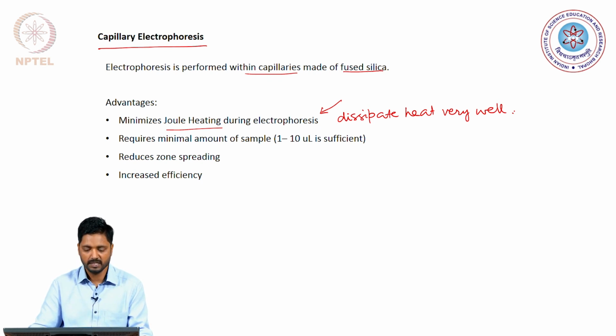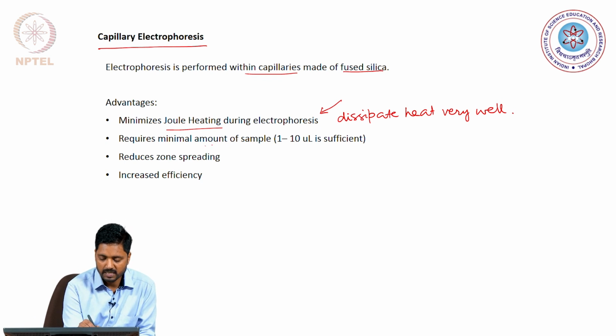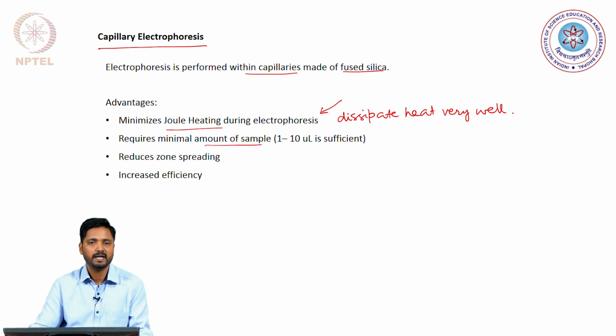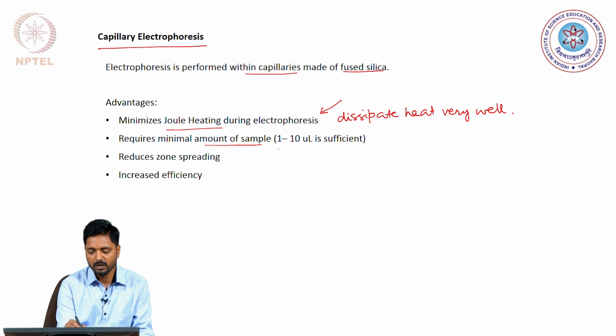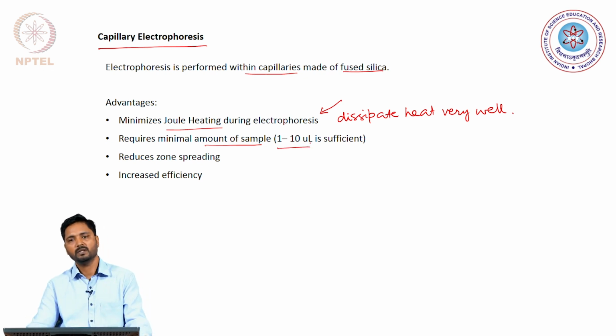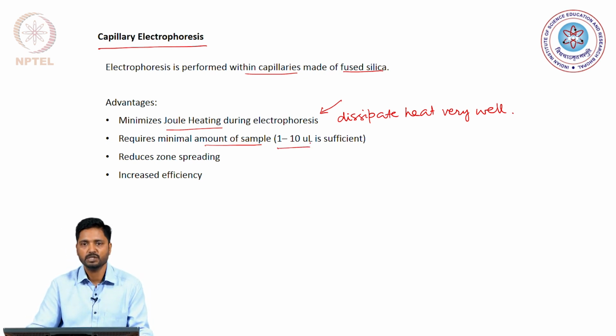Another key advantage of capillary electrophoresis is that it requires very little sample, and oftentimes 1 to 10 microliters of the sample is good enough to achieve the relevant separation.